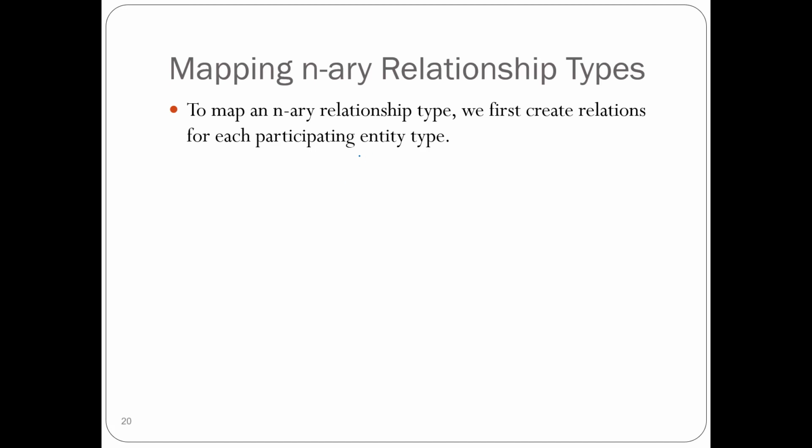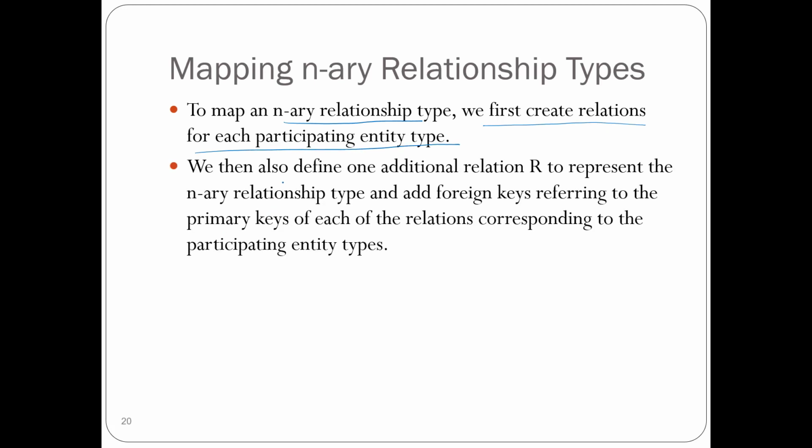So to map an n-ary relationship type, we first create relations for each participating entity type. Good. And then we also define one additional relation R to represent the n-ary relationship type, and add the foreign keys referring to the primary keys of each of the relations corresponding to the participating entity types.